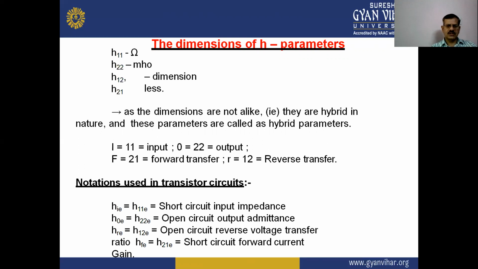So the notations used in transistor circuits: HIE equal to H11E equal to short circuit input impedance, and HOE equal to H22E equal to open circuit output admittance, HRE equal to H12E equal to open circuit reverse voltage transfer ratio, and HFE equal to H21E equal to short circuit forward current gain.